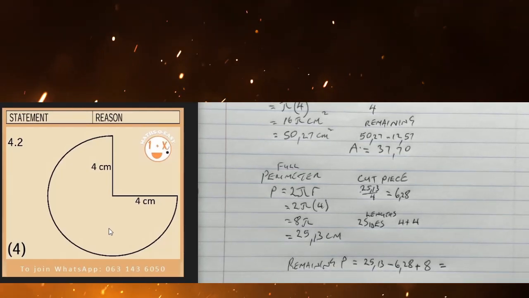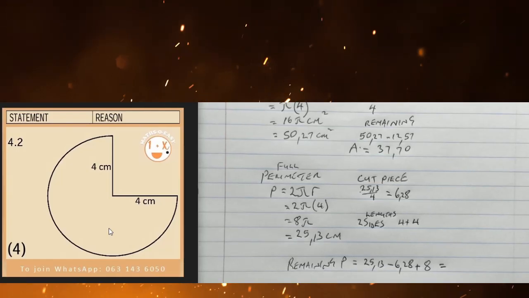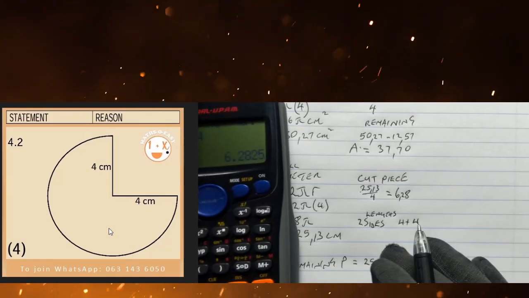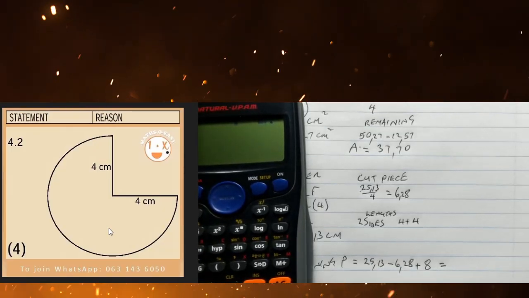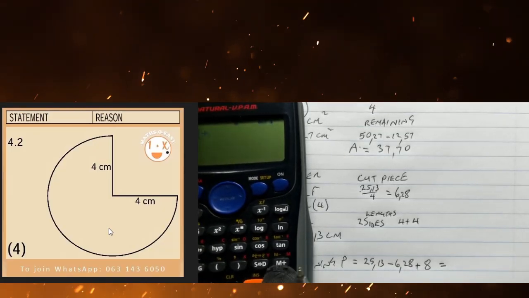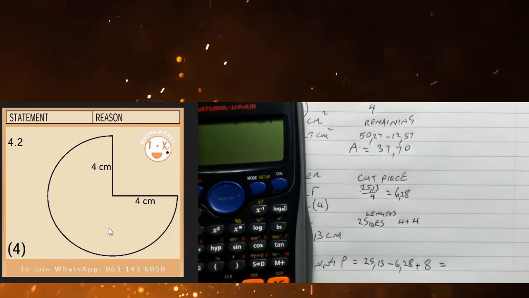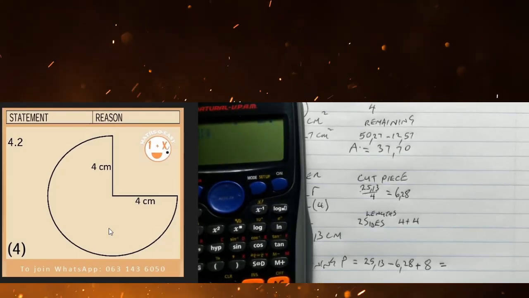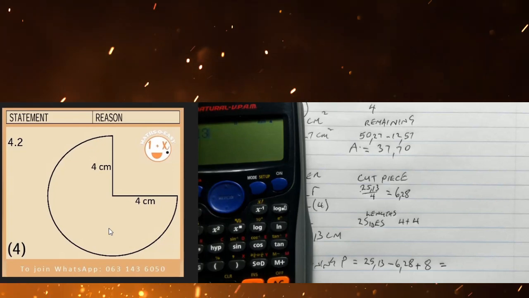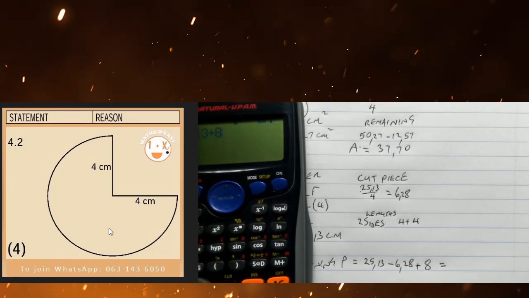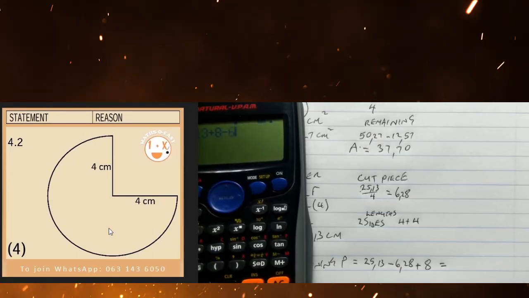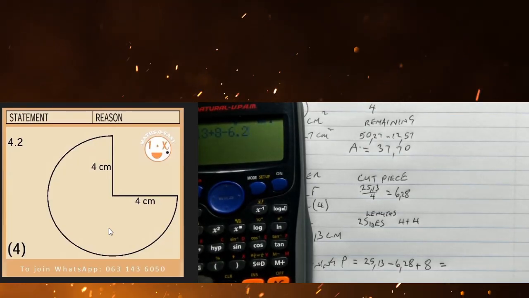So in the end, what do we have? Let's see. We are going to have 25.13. Let's add the 8 and then subtract the 6.28.